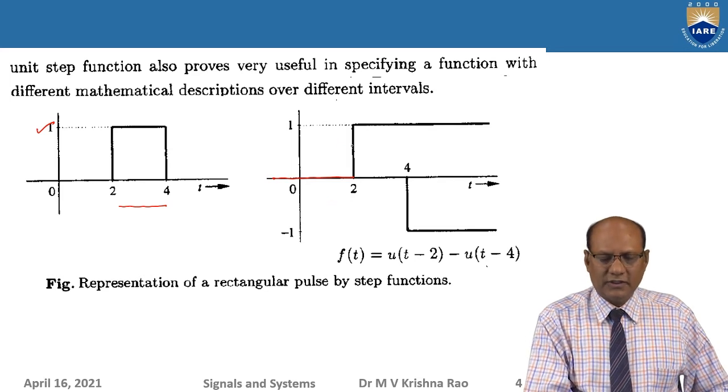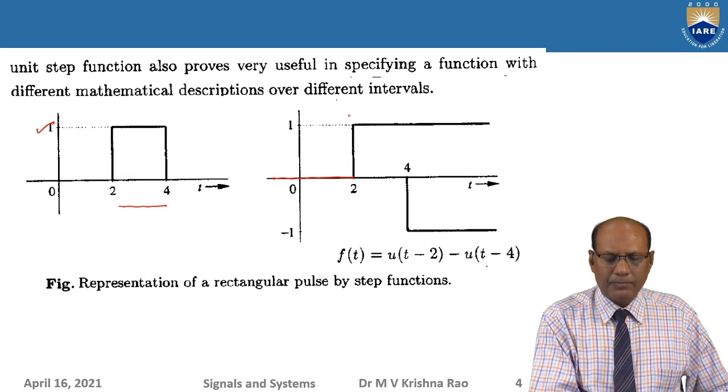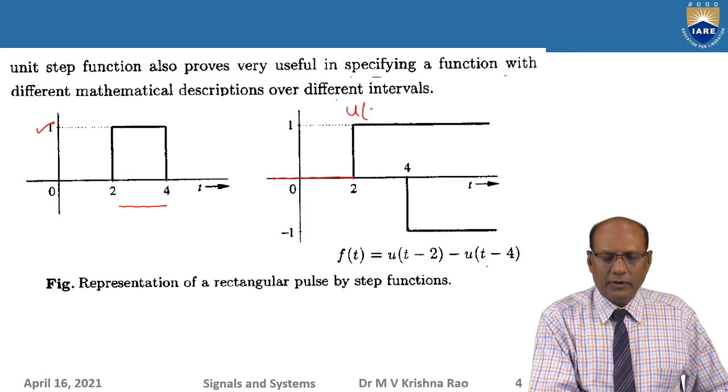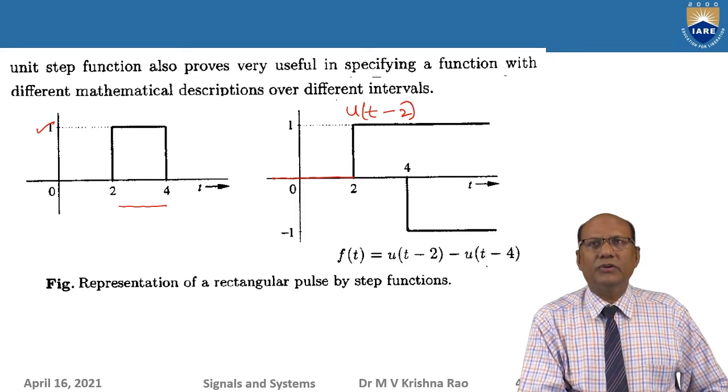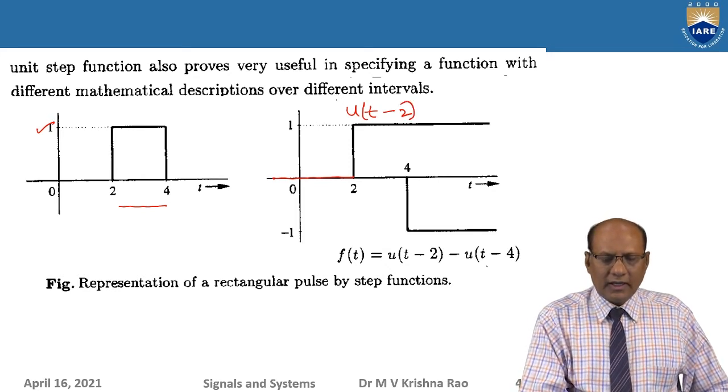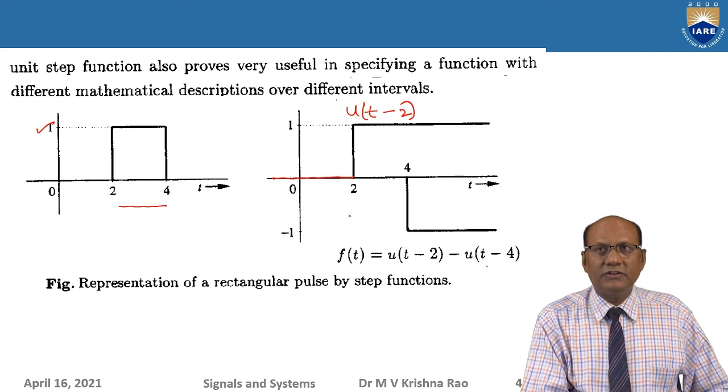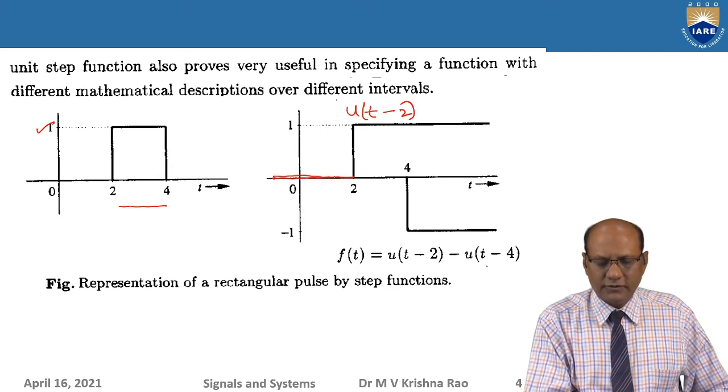This is nothing but the unit step function u of t delayed by 2 units of time, 2 seconds. Now take another unit step function which is delayed by 4, that is, starting at t equal to 4.